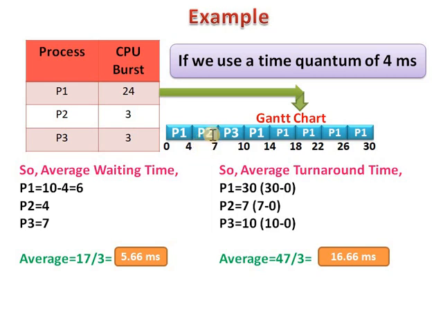Then the CPU is allocated to process P3, whose burst time is also 3, so P3 is executed from 7 to 10.